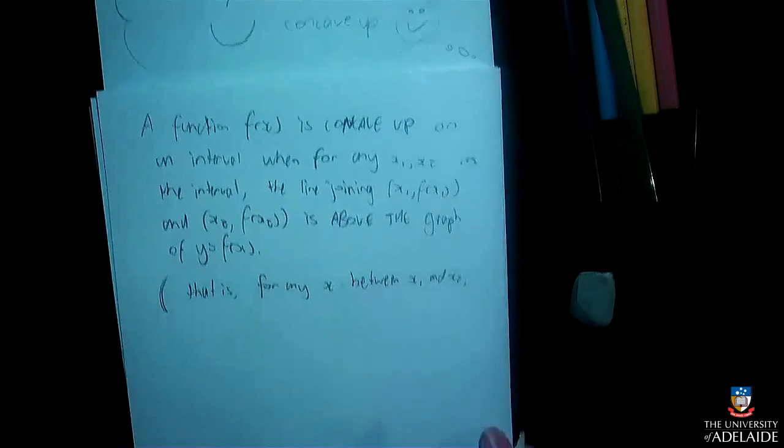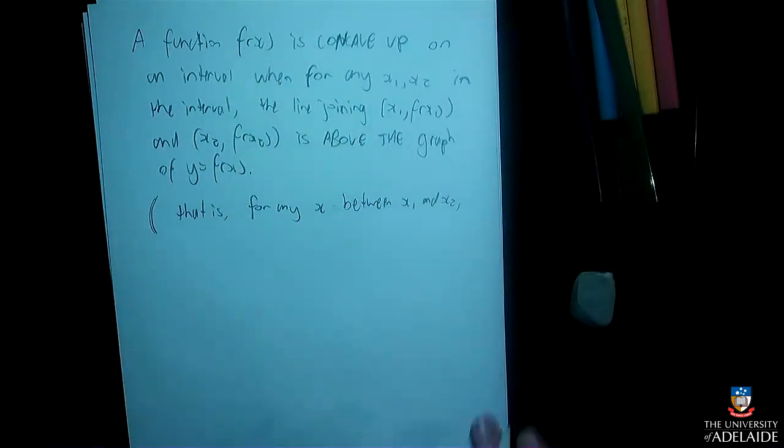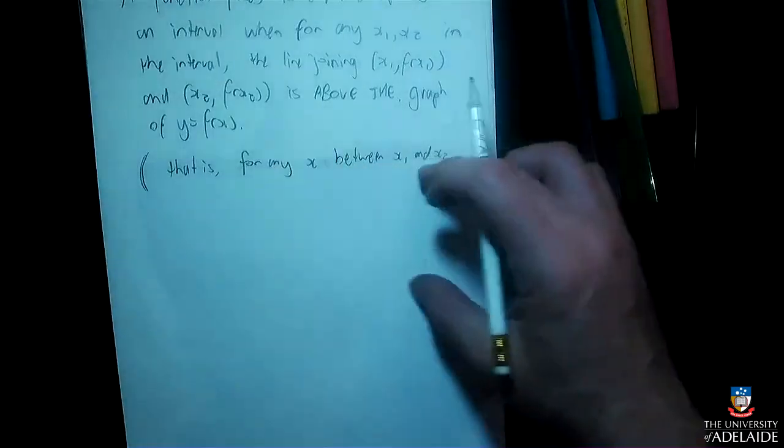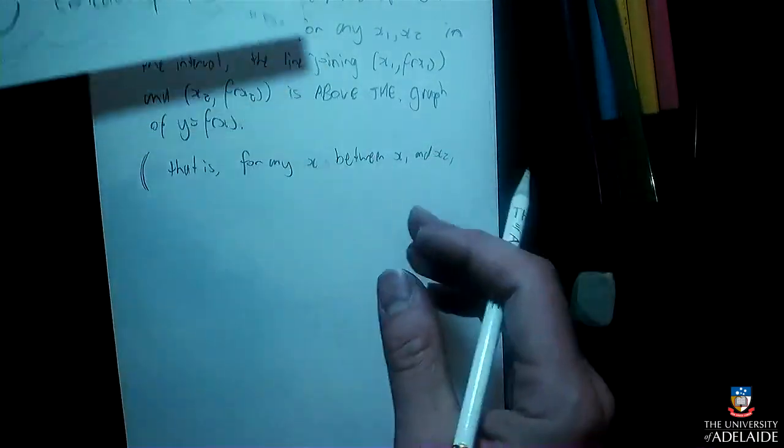Actually, I'm just going to need to draw a picture to make sure I get this right. So there's going to be a little space here that's going to have that picture in it.